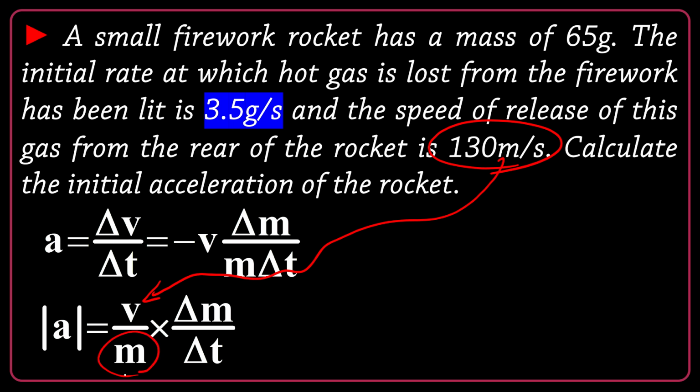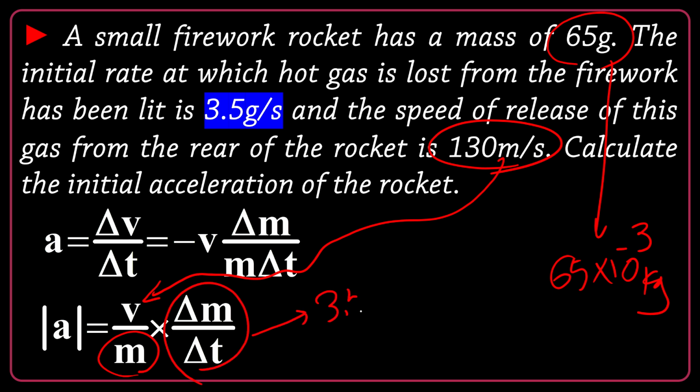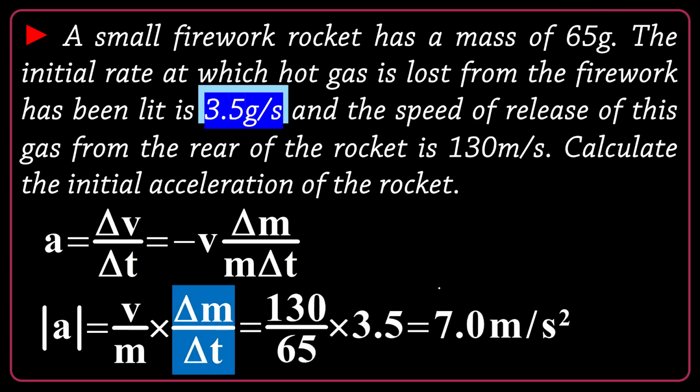At the beginning, the initial mass is 65 grams, but it's going to be 65 times 10 to the negative 3 kilogram in SI units. And the delta m over delta t is 3.5 grams per second. I will convert the gram to kilogram, so it's 3.5 times 10 to the negative 3 kilogram per second. Now everything is in SI units.